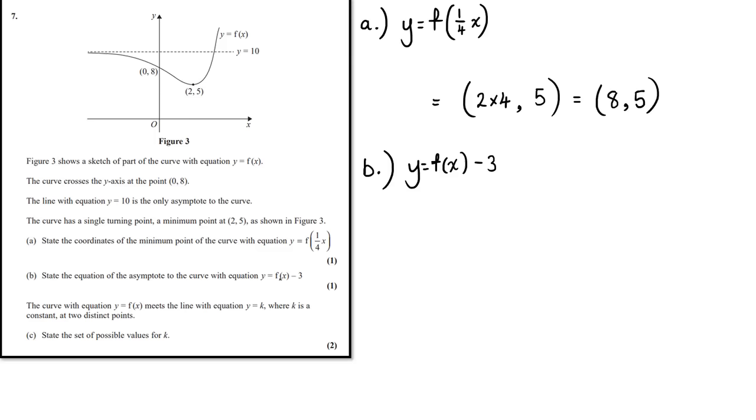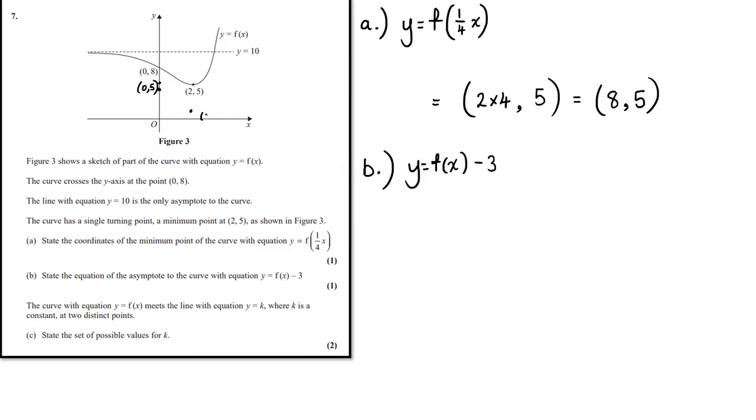So this is y equals f of x minus 3. And essentially, this is just a shift downwards now of 3 units. So if you think about it, this 0, 8 would become, really it should be there, matching with that one, so it should be 0, 5. So that would be 0, 5. This 2, 5 here, well, the 5, we'd go down 3 units, so 5 minus 3, giving us 2.